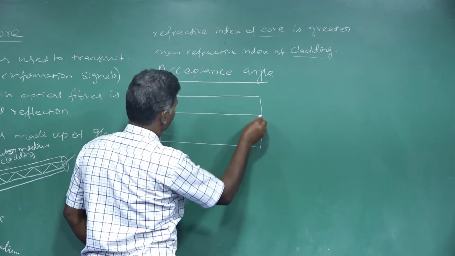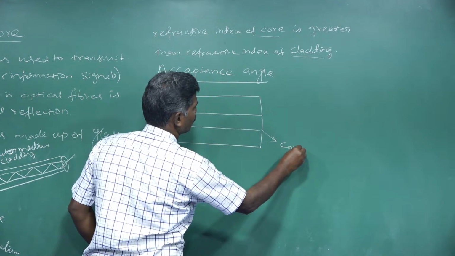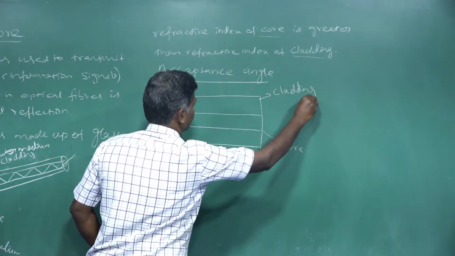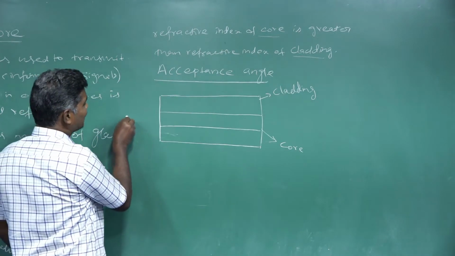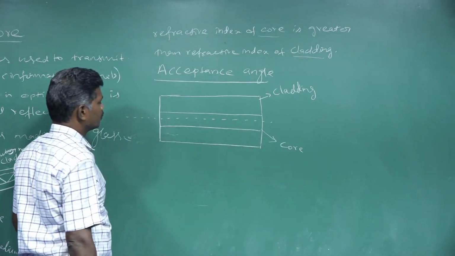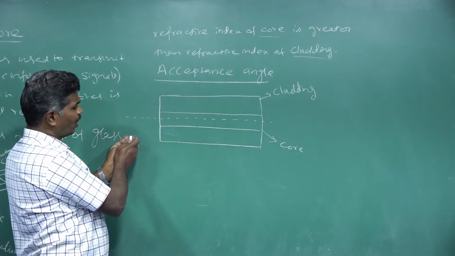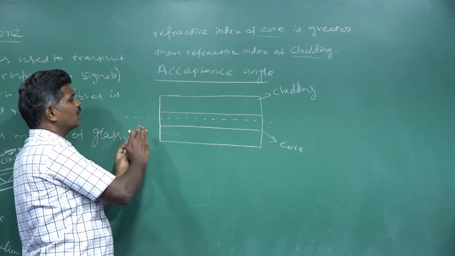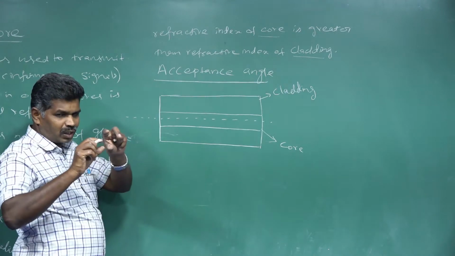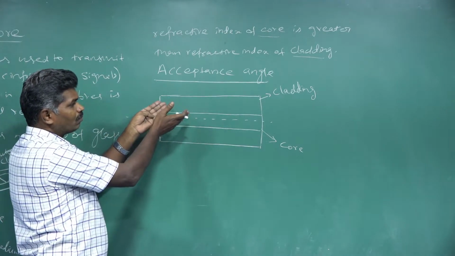Inner part is called the core. Outer part, cladding. Then we have the axis of the fiber. It has an outer surface, the outer face. From this only we are going to pass the light signal to the inner part. So that's why here we are going to take three mediums: outer side medium, core medium and cladding.